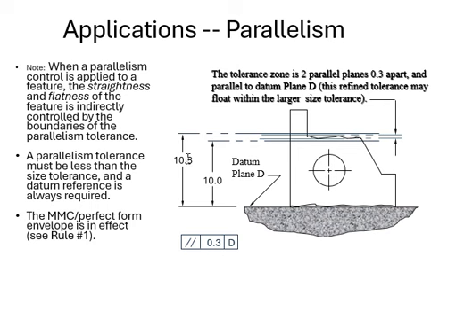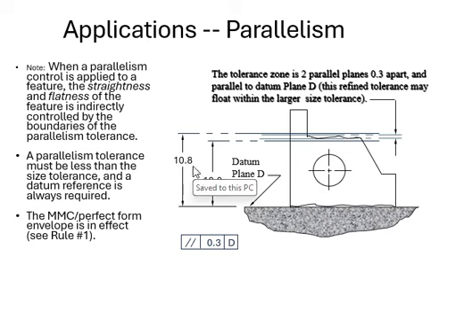I wouldn't put 0.8 in there. I would just go with 0.3, highlighting parallelism, and ignore the size tolerance for now. But I think because he wanted to point this out, he just put both together in here.